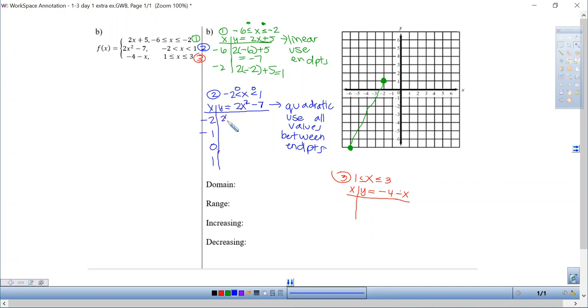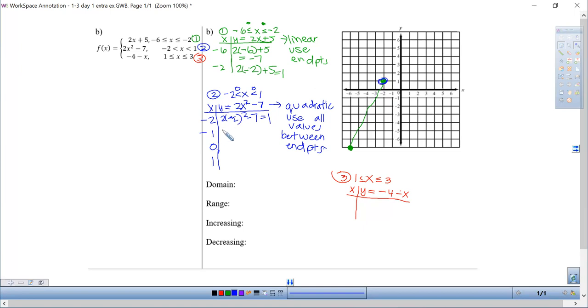So 2 times -2 squared, minus 7, gives us 1. So -2 squared is 4, times 2 is 8, minus 7 is 1. So at -2, +1, I'm going to have an open dot. We already have the filled in dot from the green piece, so I can just draw a circle around that.